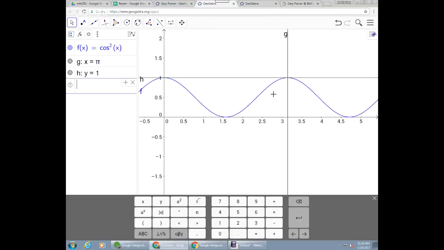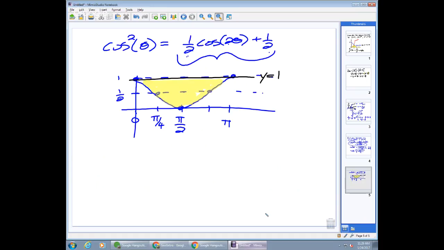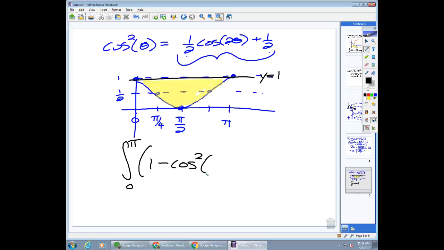So what's our integrand going to look like? Yeah, the 1's on top, so we got to do 1 and then minus the cosine squared. So first glance, the integral goes from 0 to pi of 1 minus the cosine squared of theta d theta.